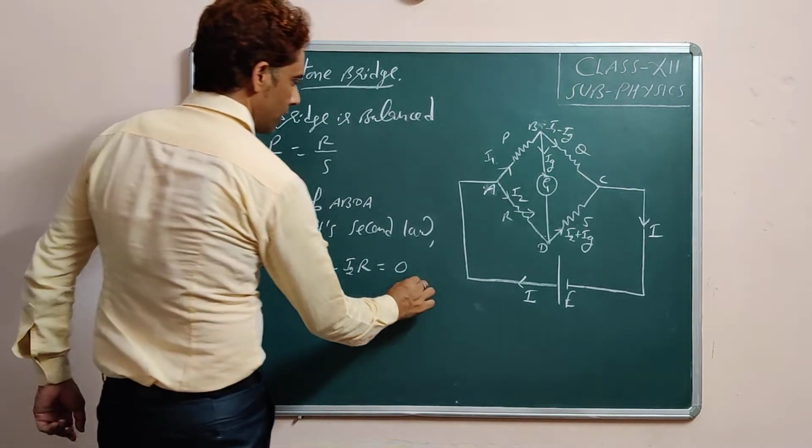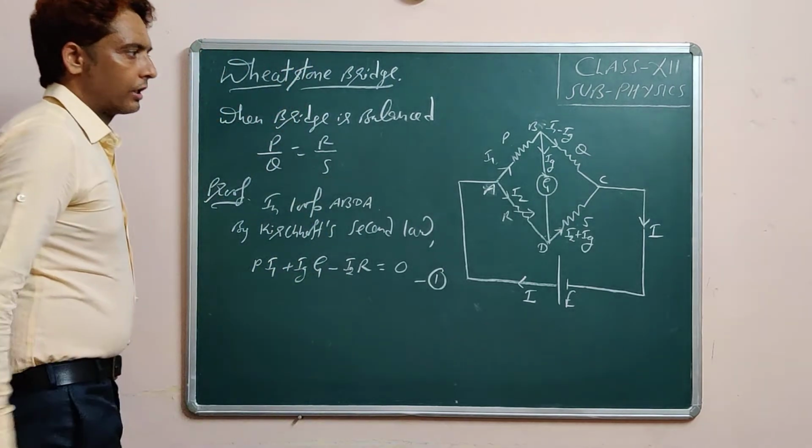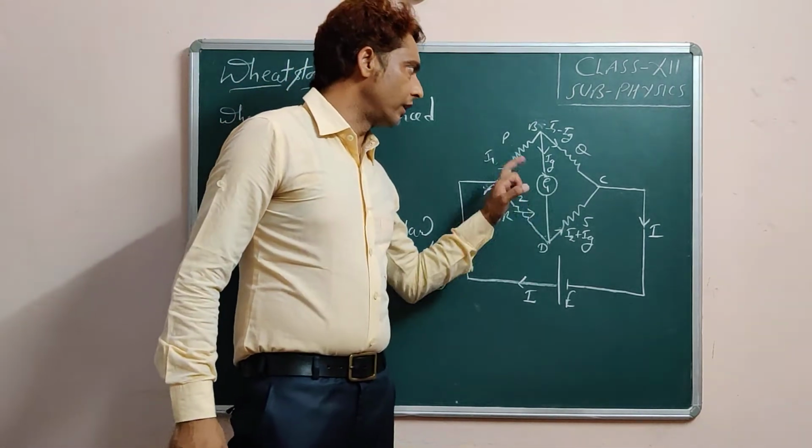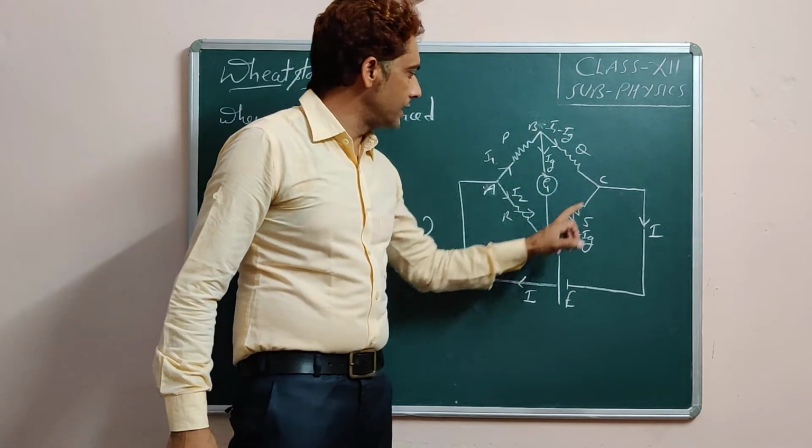Let this equation be number 1. Again we will apply Kirchhoff's second law in loop BCDB.